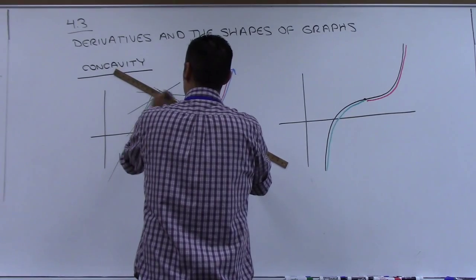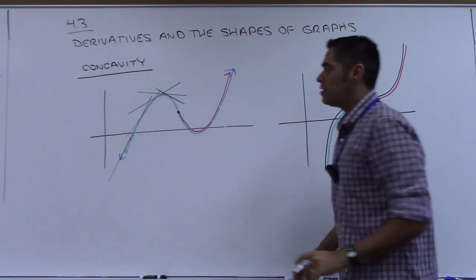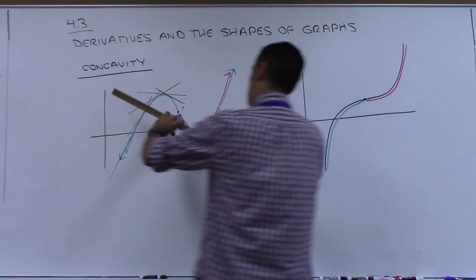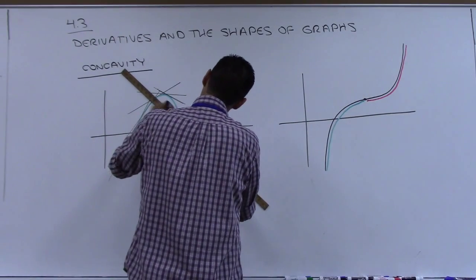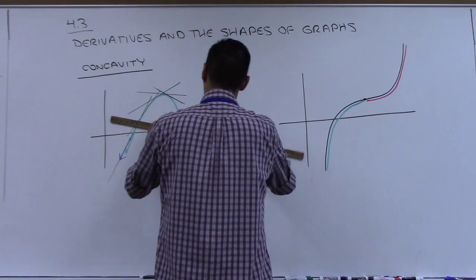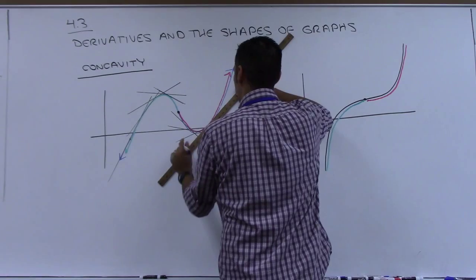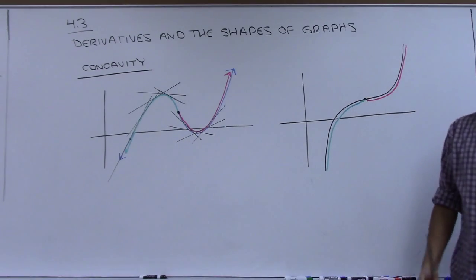There are a couple of tangent lines on the green, and then here are some tangent lines on the red. Let's see if anyone can tell what the major difference is between those.